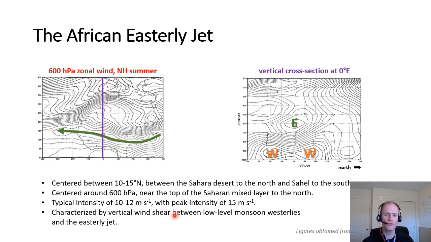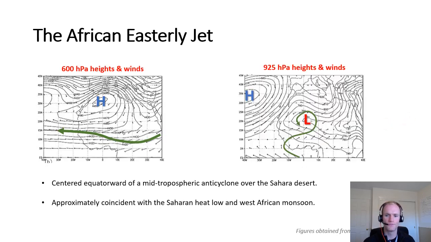So we have strong vertical wind shear on the order of about 20 meters per second between the low levels and 600 hectopascals. From those low-level westerlies on the order of 4 to 5 meters per second in the contours that we have depicted down here at bottom, to the 12 to 13 meter per second easterly flow associated with the African easterly jet here at 600 hectopascals.